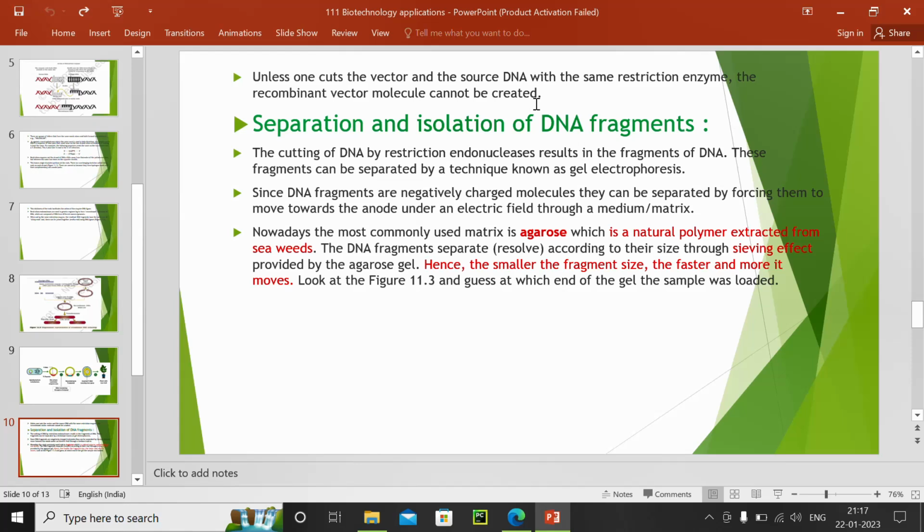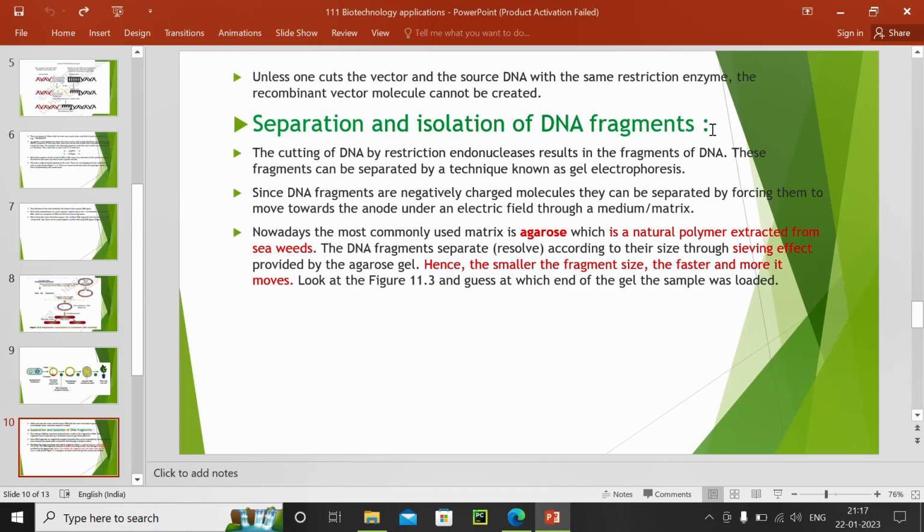When both are cut with the same restriction enzyme, they form sticky ends, and only then do they get joined to each other. Here again the condition is that the same restriction enzyme is used in both cases.